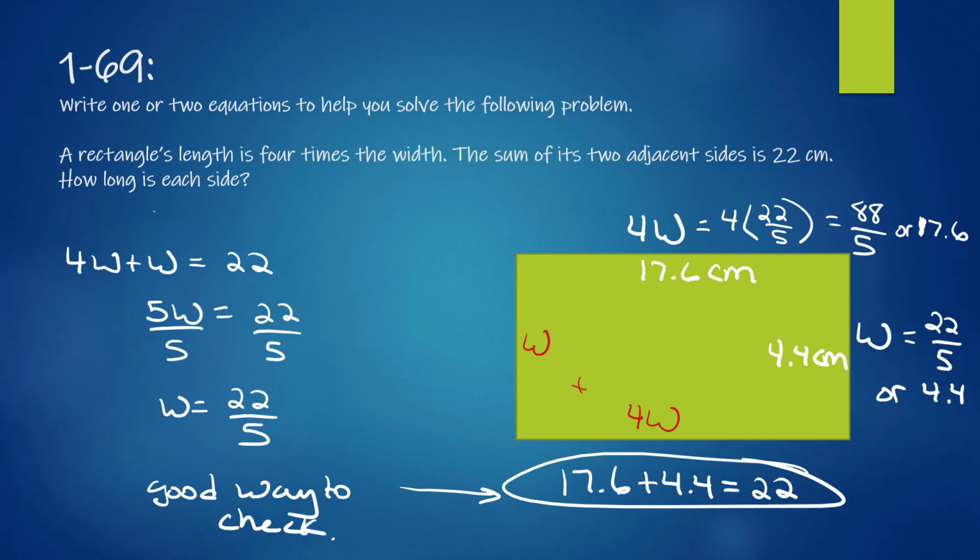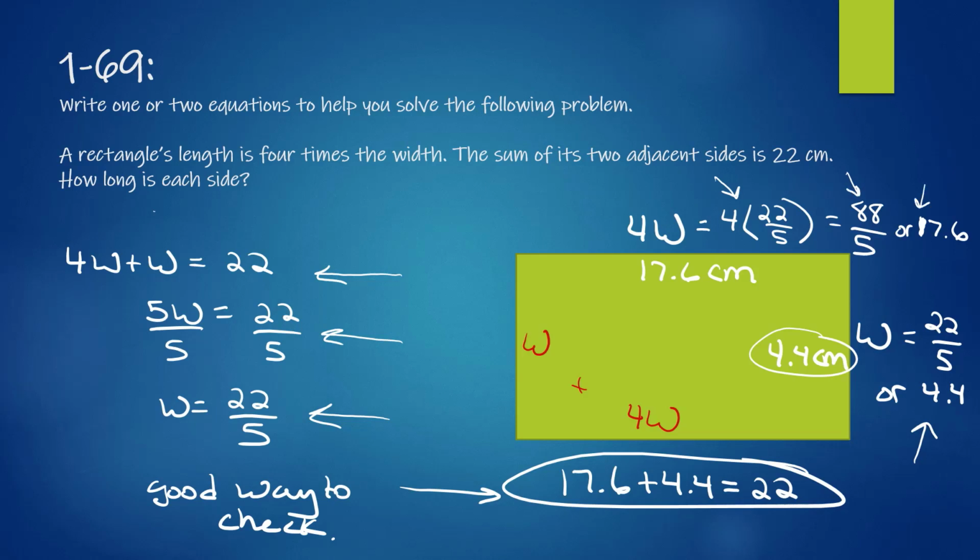So here's my equation. 4W plus W equals 22. I combine like terms, I divide by 5. And I get 22 over 5, which is also 4.4, which you see here. Then I plug that 22 over 5, or 4.4, back into the length, which is 4W, and I get 88 over 5, or 17.6.